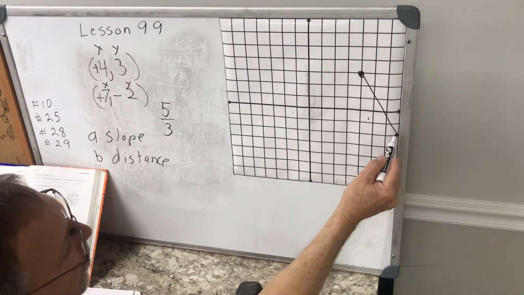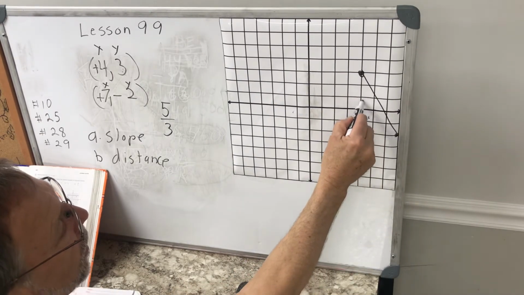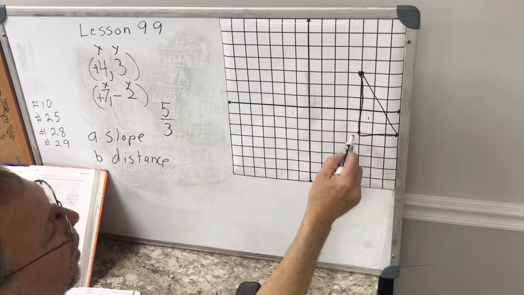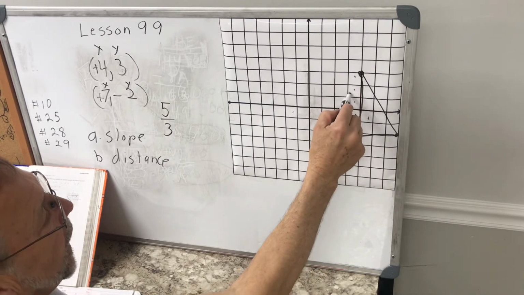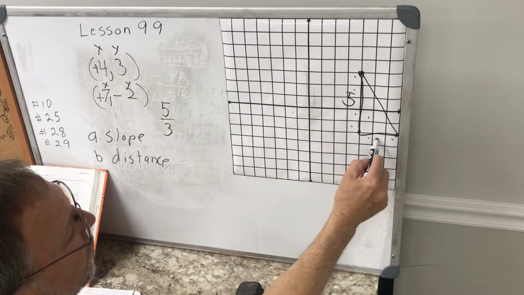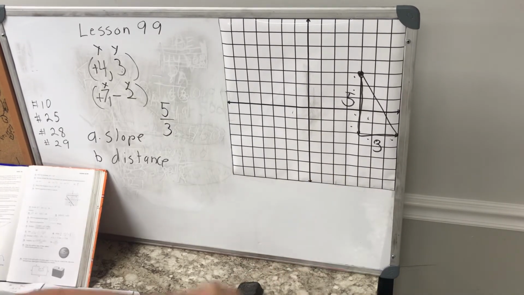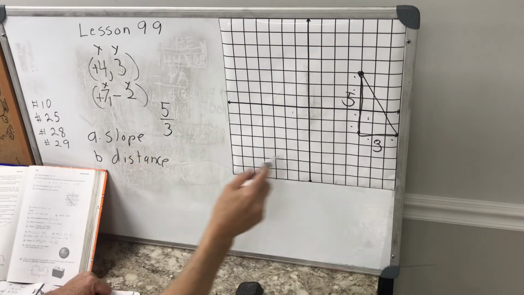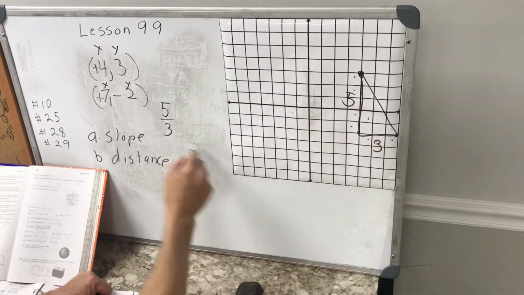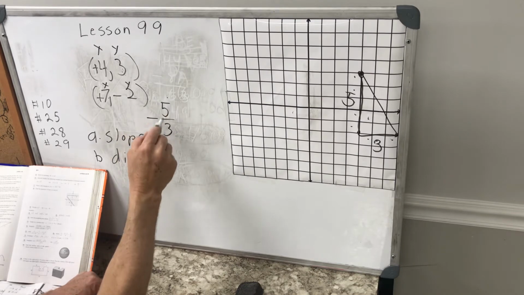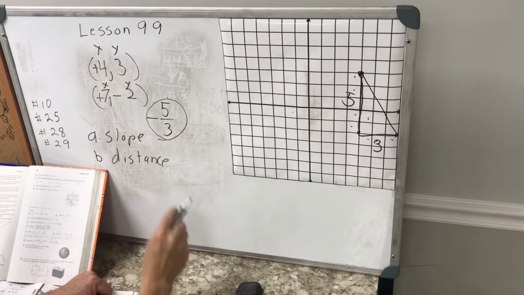Again, we're going to make a square out of this, so this would be your point. 1, 2, 3, 4, 5. This is a 5. 1, 2, 3 is a 3. And that again shows us the same: 5 over 3 is the slope. Is this uphill or downhill? This is downhill, so on A you should have a -5 over 3.